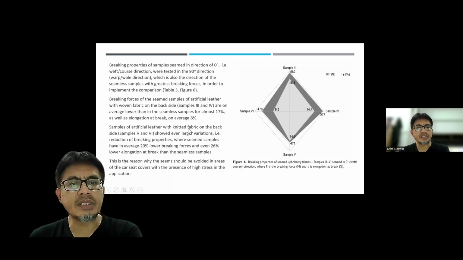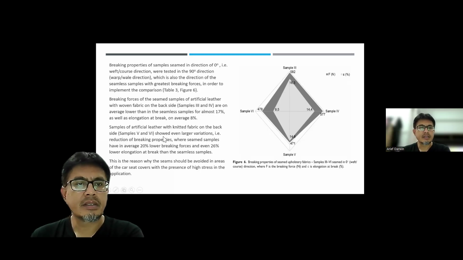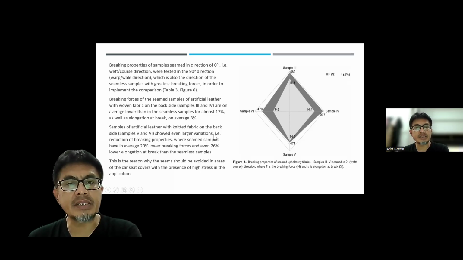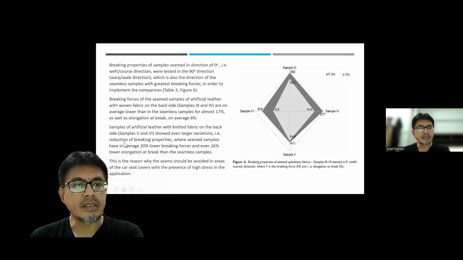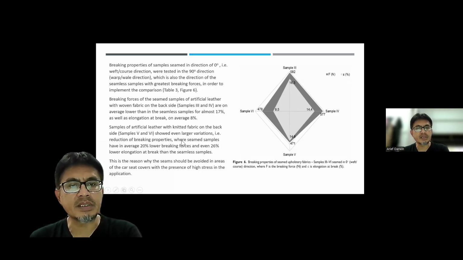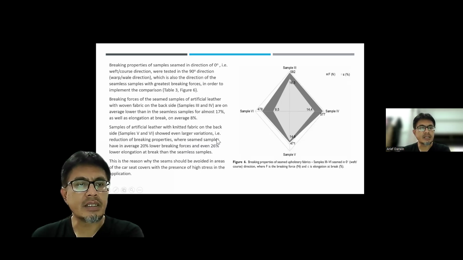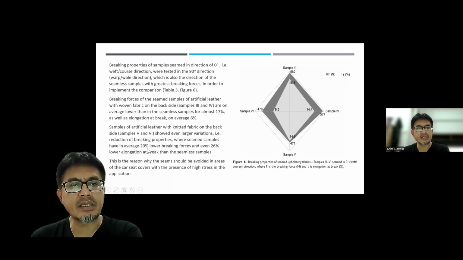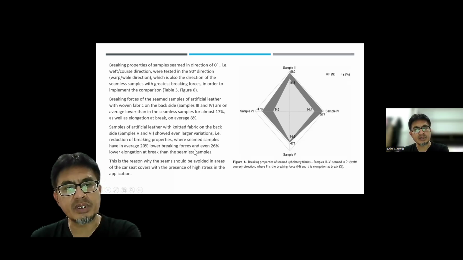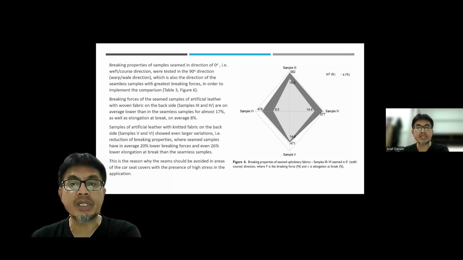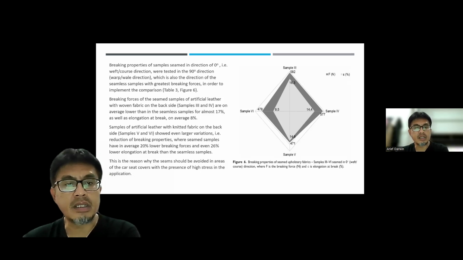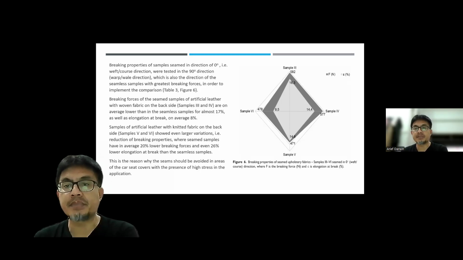Samples of artificial leather with knit fabric on the back side, samples 5 and 6, show even larger variation. It shows that the reduction of breaking properties, where the seam samples have on average 20% lower breaking force and even 20% lower elongation at break than the seamless samples.